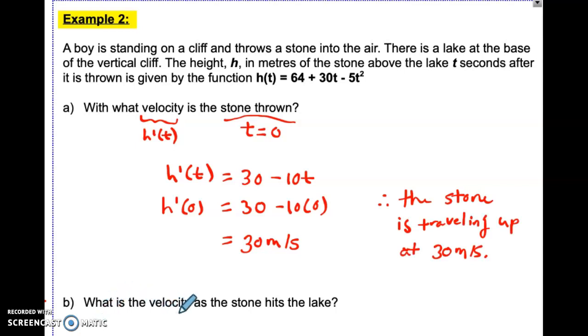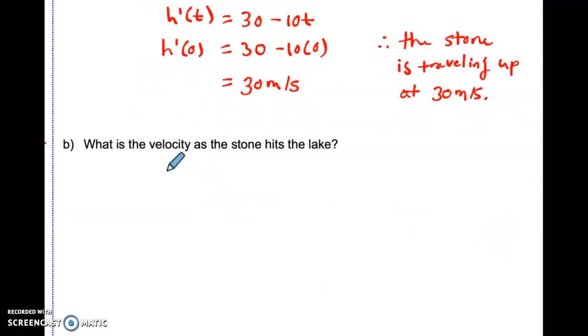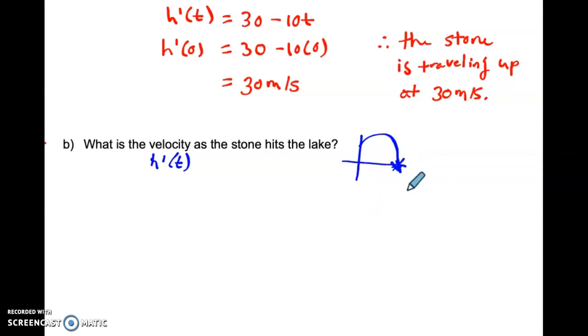So part B here is asking what is the velocity as the stone hits the lake? So once again, they're asking for velocity, so that's going to be our h prime of t. But when the stone hits the lake, if we think about what this image looks like, he threw the stone, it goes up, and at some point it's going to come down and hit the lake. Graphically, that means we're really trying to find the t-intercept.